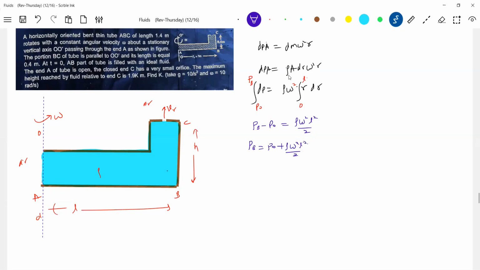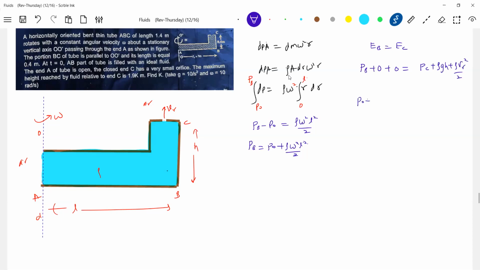Now, how to get this VR? Shall we apply the manometric equation again, or Bernoulli's theorem between B and C? Between B and C, I'll apply Bernoulli's theorem. Energy at B: pressure at B plus 0, because the hole is just open and the liquid is attached. Pressure at C plus potential energy rho g H plus rho VR square by 2.